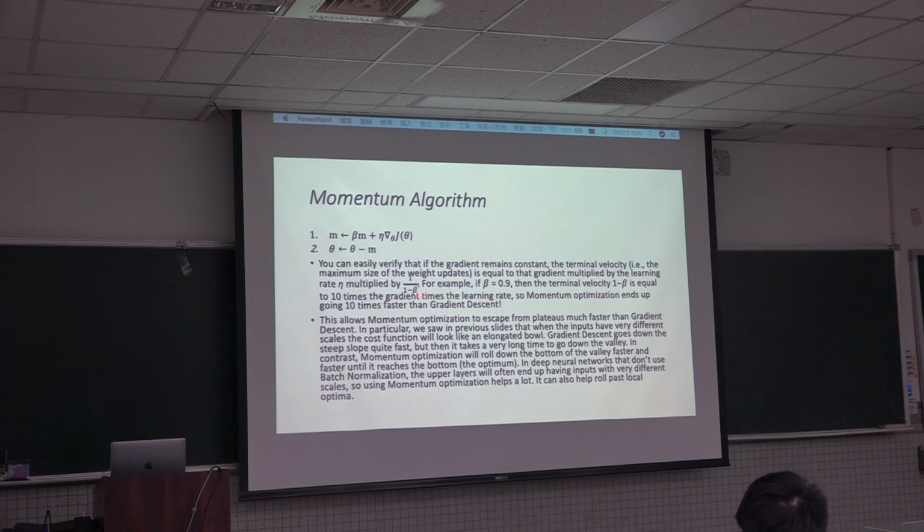the learning rate. Originally, in gradient descent, each time it just moves eta times the gradient, this much. But now it's moving 10 times eta times gradient. Or I should say 1 over 1 minus beta times eta times gradient.